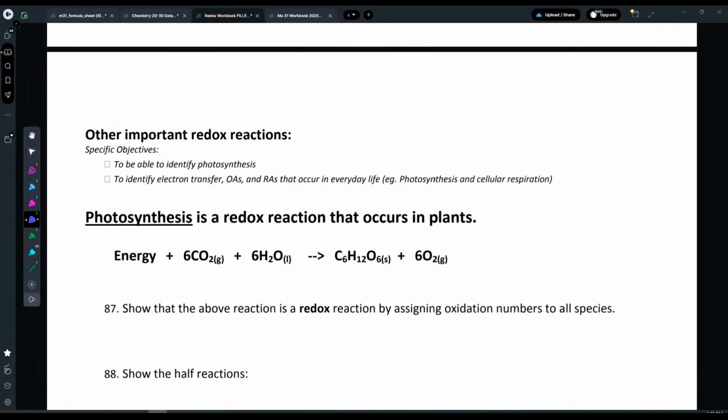So you do need to know that photosynthesis is a redox reaction. You do have to be able to identify that reaction. It's pretty important. And you do need to be able to identify the oxidizing agents, reducing agents, and how many electrons are being gained or lost in everyday life reactions, such as photosynthesis.